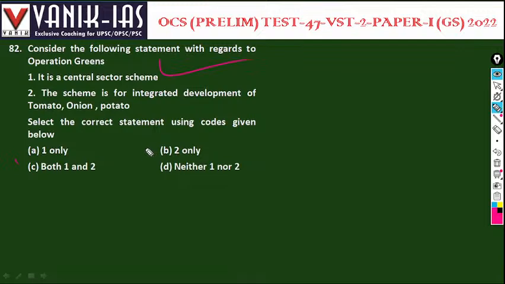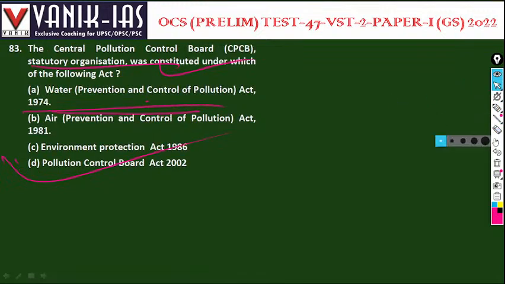That is right. The scheme is for integrated development of tomato, onion, and potato. Yes, Operation Greens, tomato, onion, and potato. Both the statements are correct.